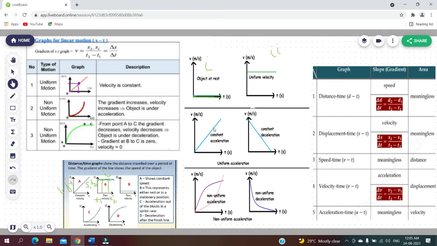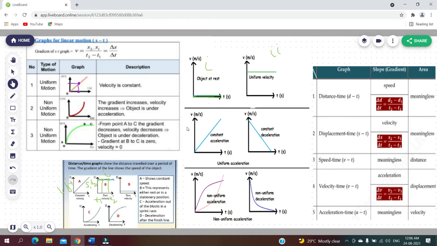Now we will see, when the object is under non-uniform motion, whether the acceleration is uniform or not. So we will study if the velocity time graph is a straight line. It means the object is having different velocity, but its velocity is changing by equal amount in equal intervals of time.